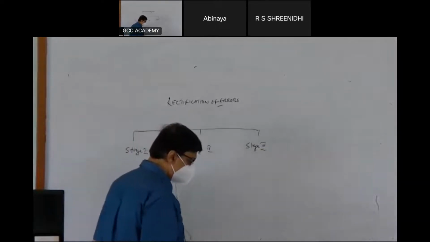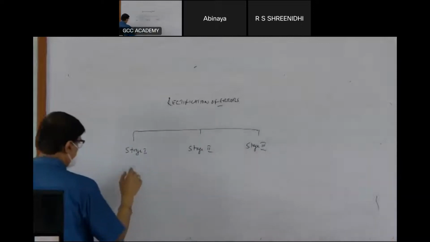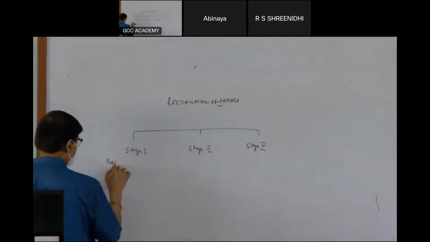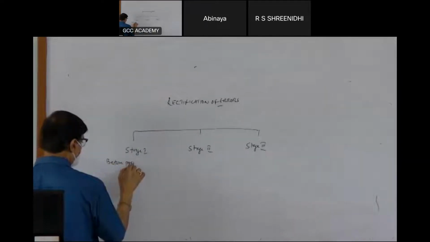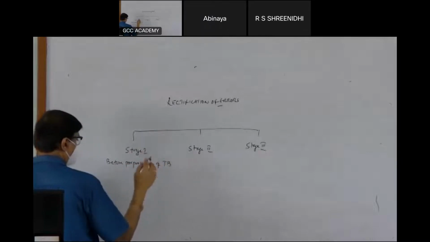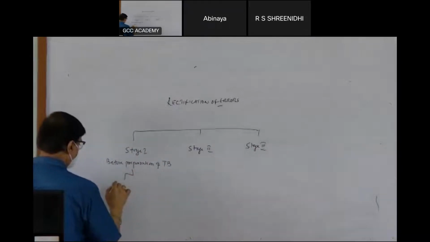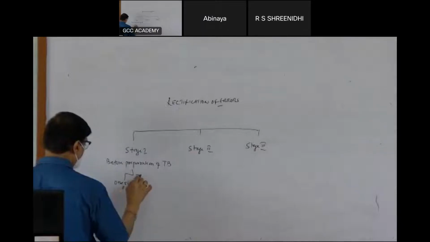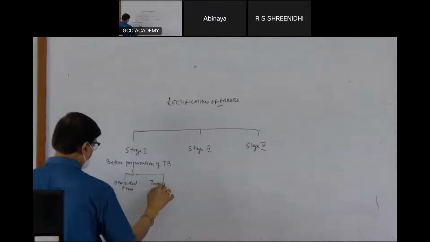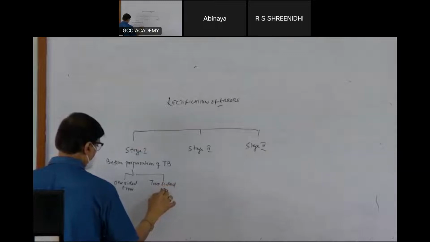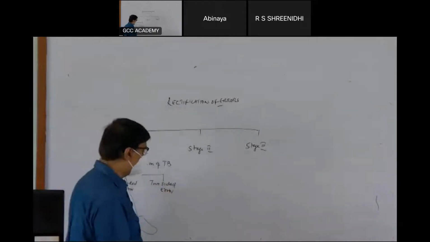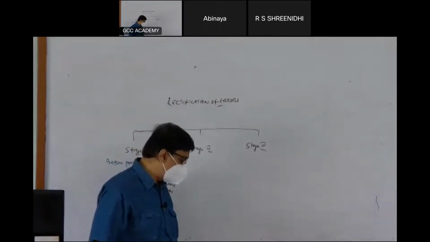In stage 1, before preparation of trial balance, there can be a one-sided error.